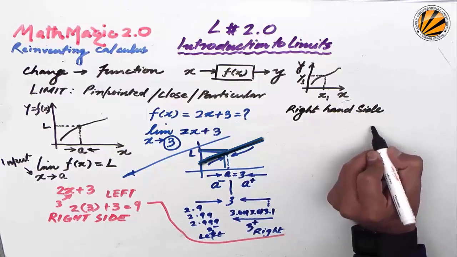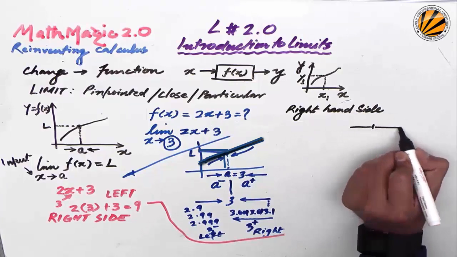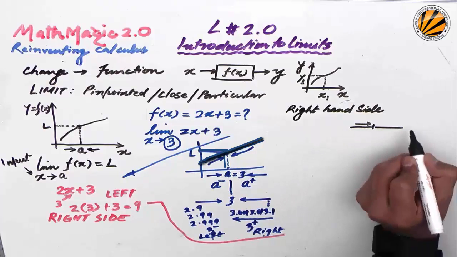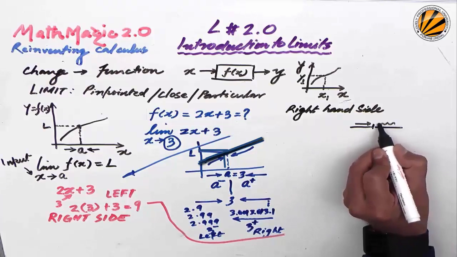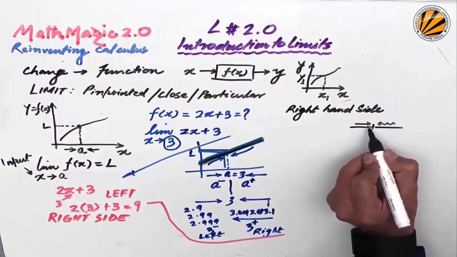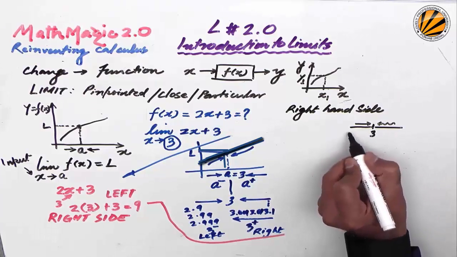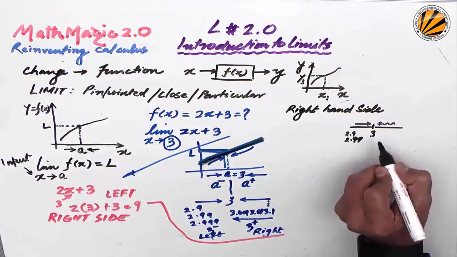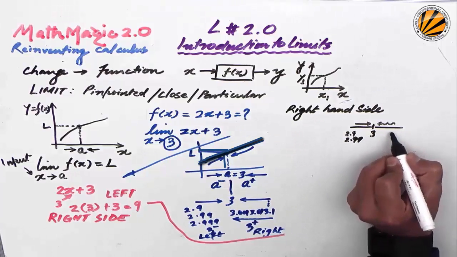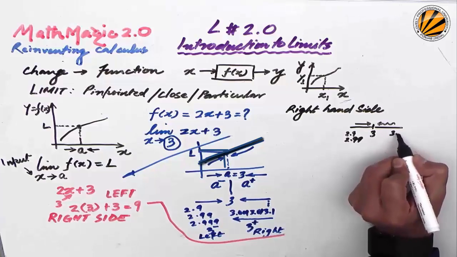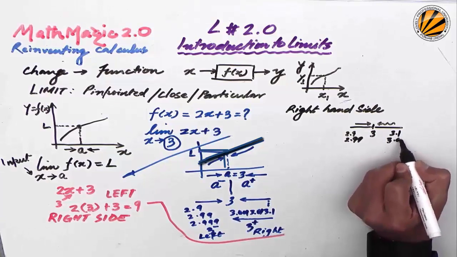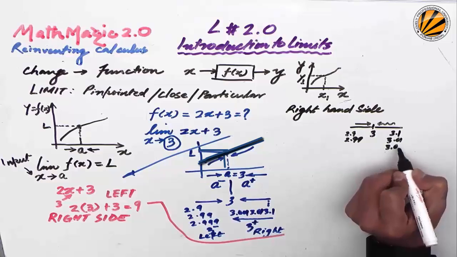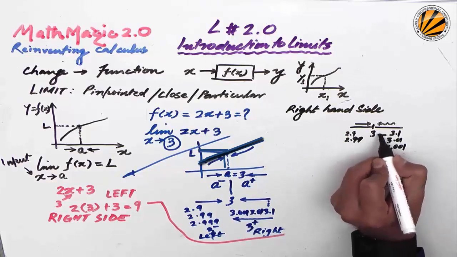This means that if this is the point, we have already seen the approach from this side, and now we are going to approach it from this side. When it was here, say for example 3, it was approaching 2.9, 2.99 and so on. But from here, it will approach from 3.1, 3.01, 3.001, and so on.